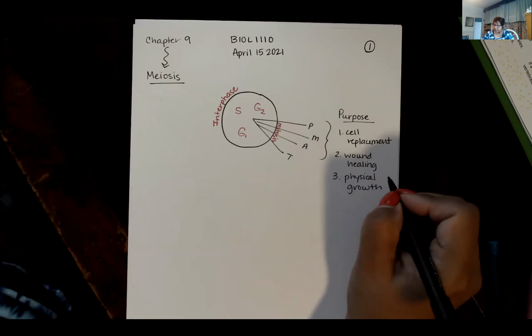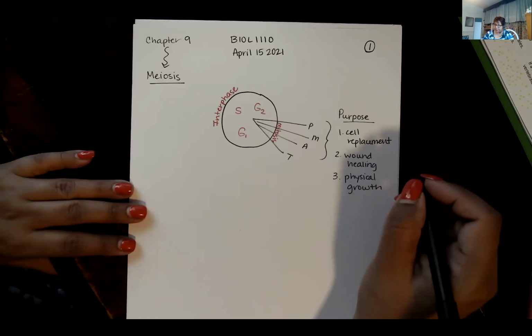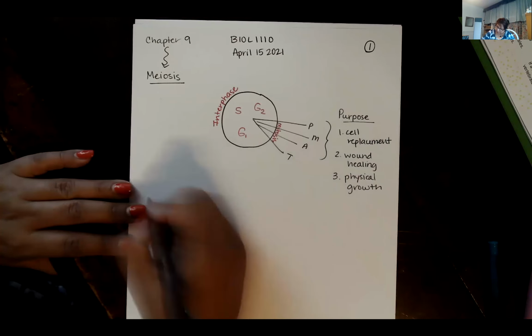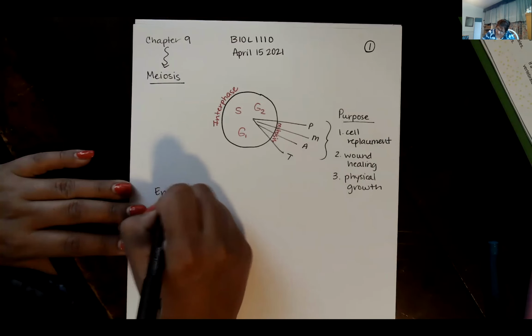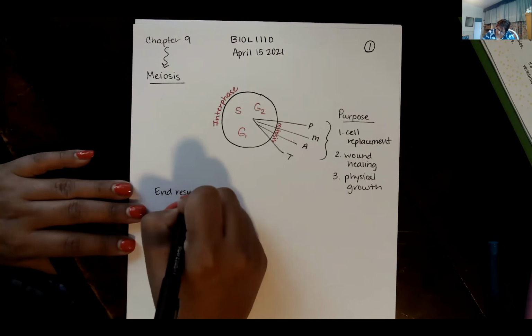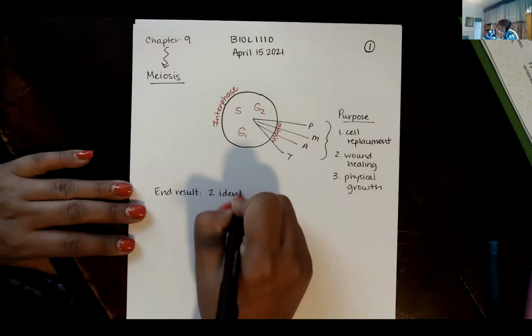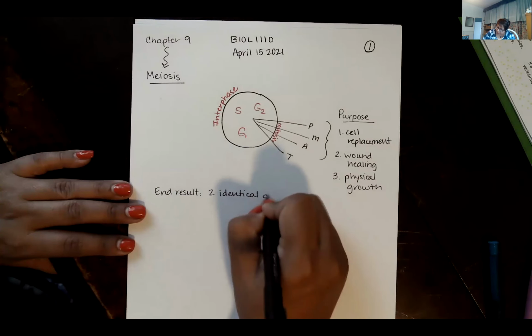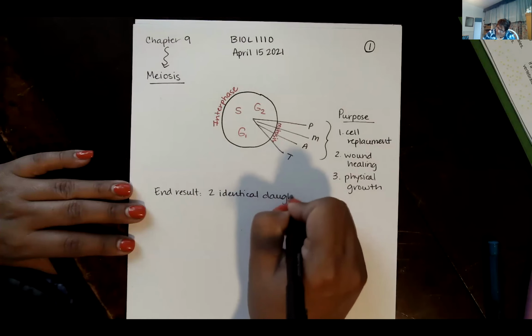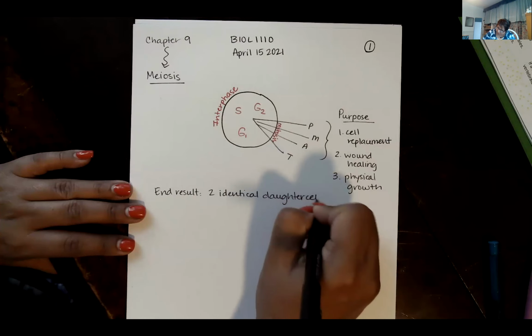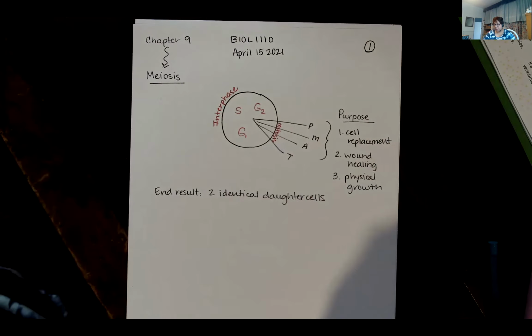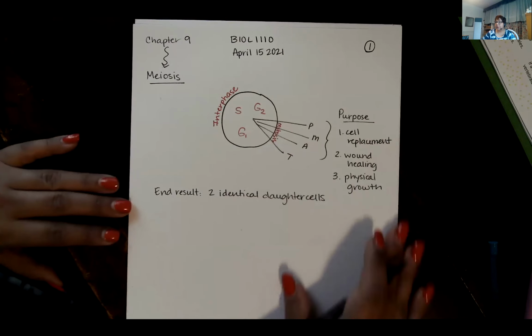So that at the end of the cell cycle, there are two identical daughter cells.